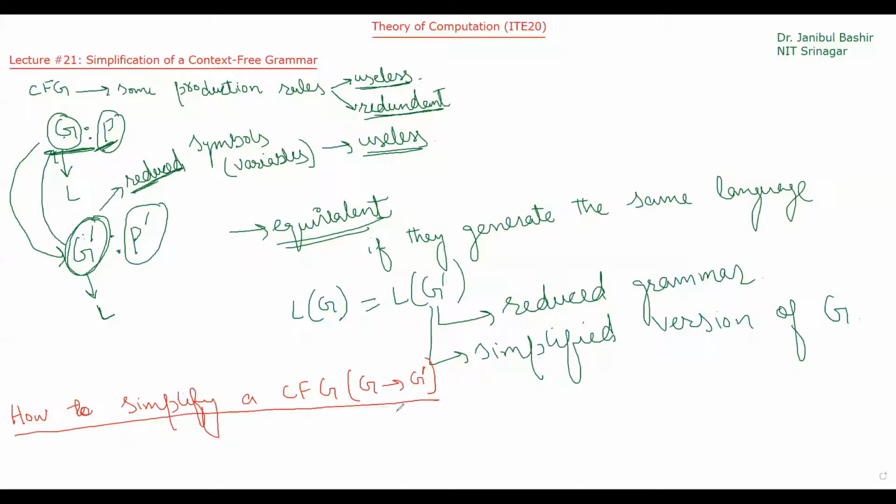And for simplifying a grammar, we have to follow 3 steps. The first step is we have to remove useless productions. Okay. Second is we have to remove epsilon transitions. So epsilon transitions are also called lambda transitions.